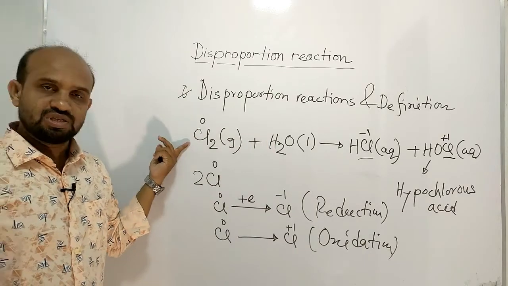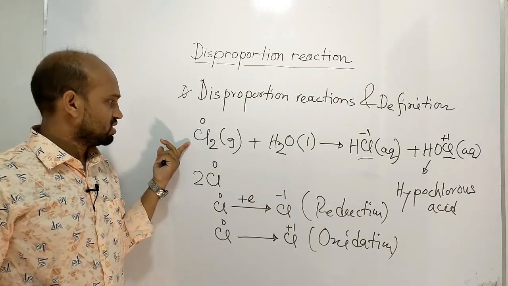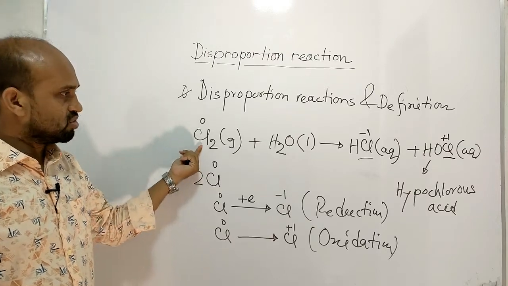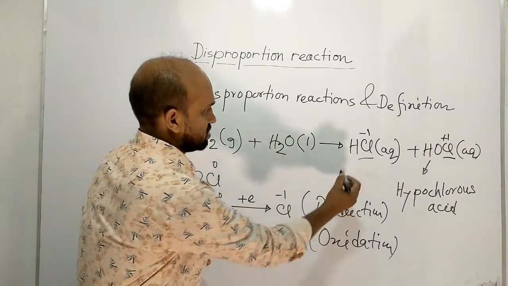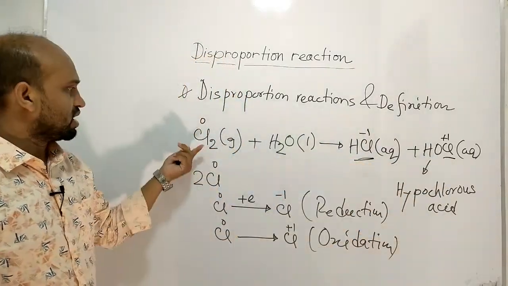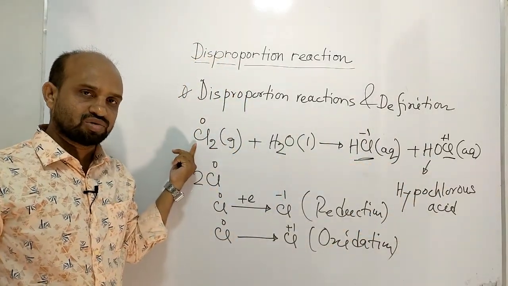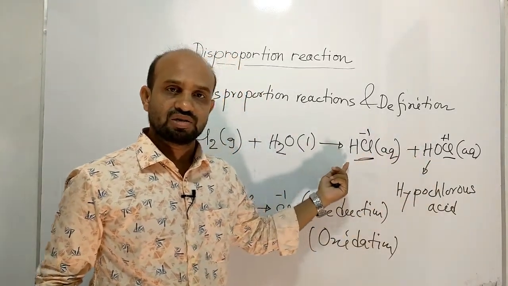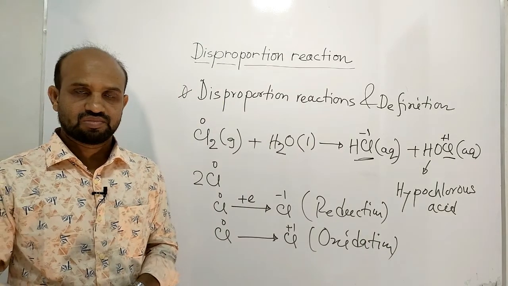So this is the reaction where one element undergoes, this is reduction and this is oxidation. So one element undergoes oxidation and reduction at a time.